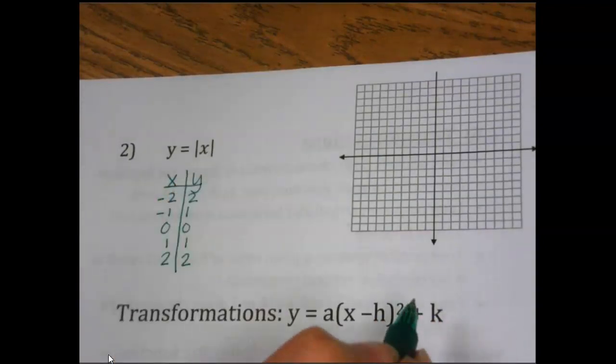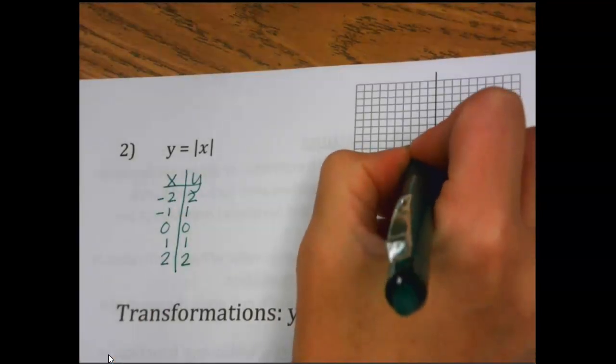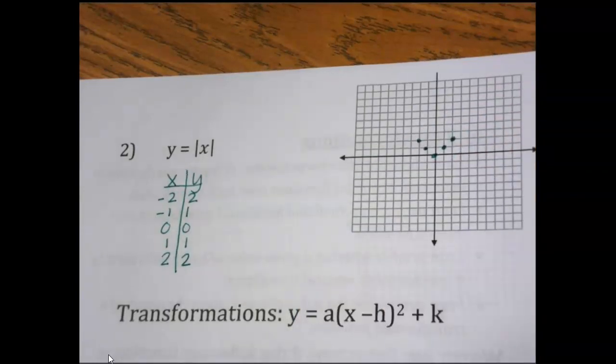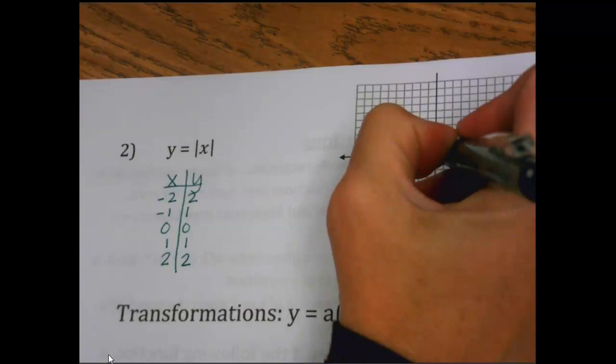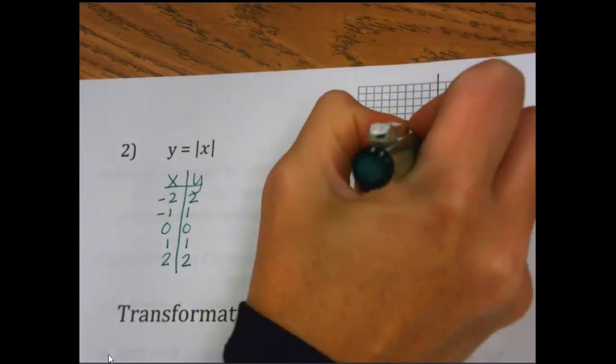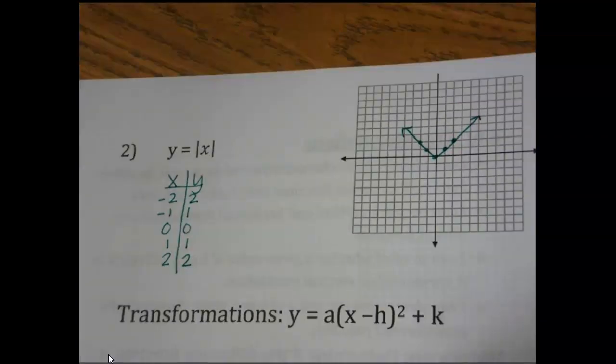Negative 2 is positive 2. So when we graph these, instead of getting a curved line, you should get 2 rays, remember from your geometry day, but 2 straight lines making a V. So the first one we did makes a U, but this one makes a V.